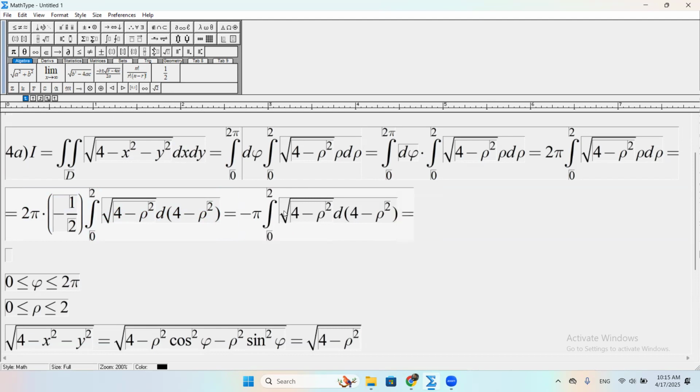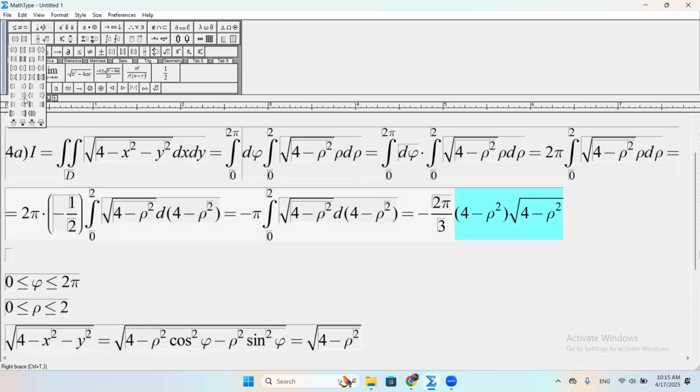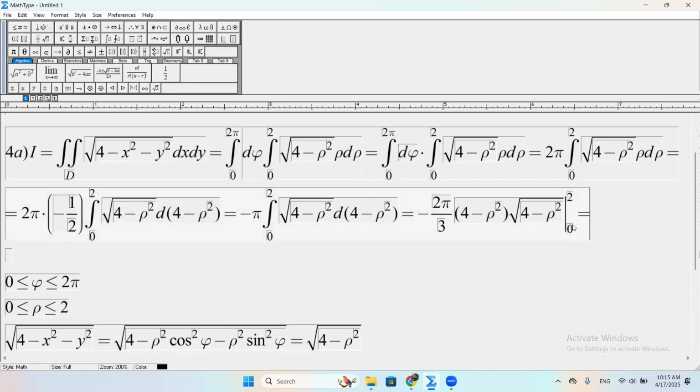And now integrating. So minus 2pi over 3, and this square root multiplied, so increasing the power, and now substitutions from 2 to 0. So now when I substitute 2, I receive 0.